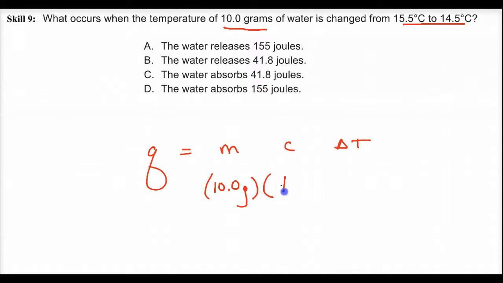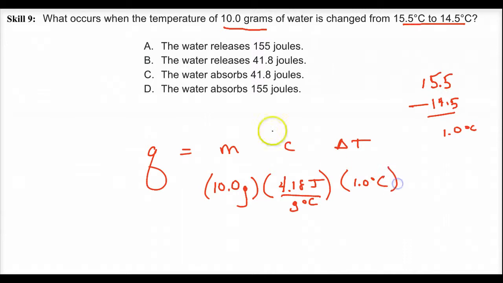Specific heat is 4.18 joules per gram per degree Celsius from Table B. My change in temperature, 15.5 minus 14.5, gives me 1.0 degrees Celsius.